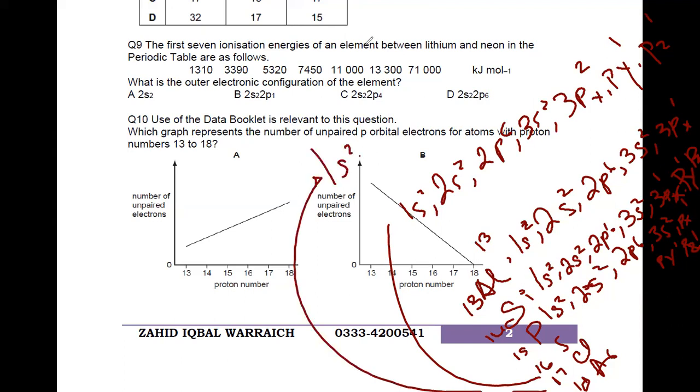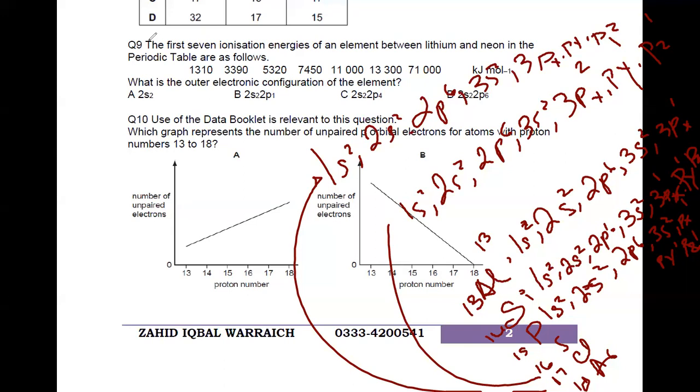It will be 1s2, 2s2, 2p6, 3s2, and then what will happen in the 3p orbital, Aruj? px3.